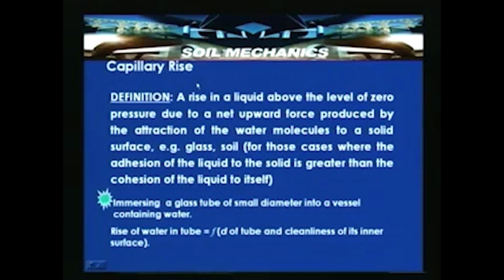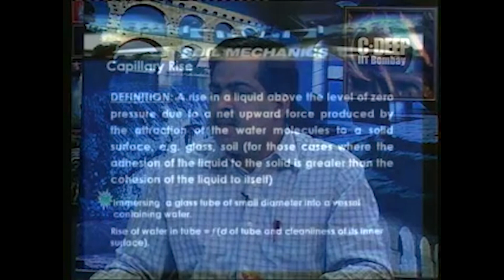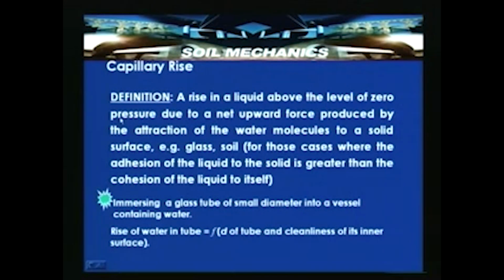Okay. In the previous slides we have defined and introduced the capillary rise phenomenon. Now, let us look into the theory behind this capillary rise phenomenon and how it can affect the effective stress. Here is the definition: a rise in a liquid above the level of 0 pressure, that is, at the free water surface, the groundwater table is at 0 pressure, due to a net upward force produced by the attraction of the water molecules to a solid surface, that is glass and soil.